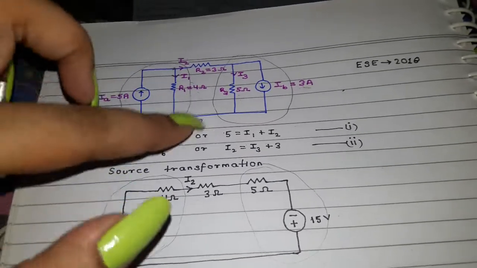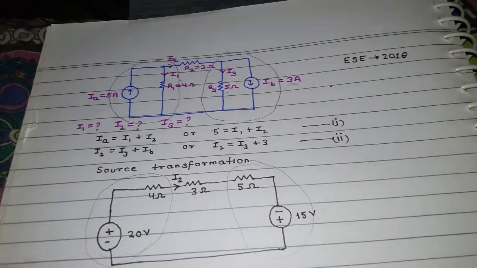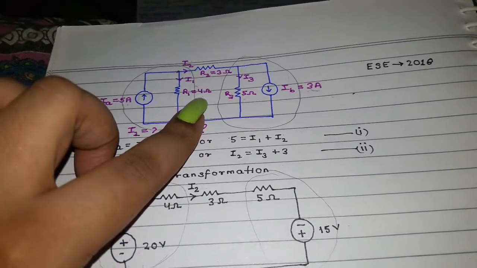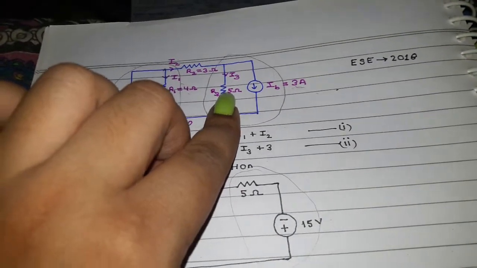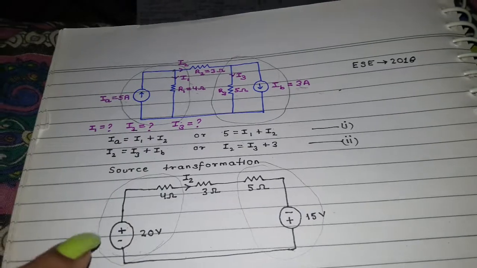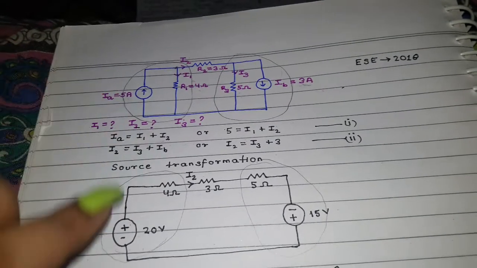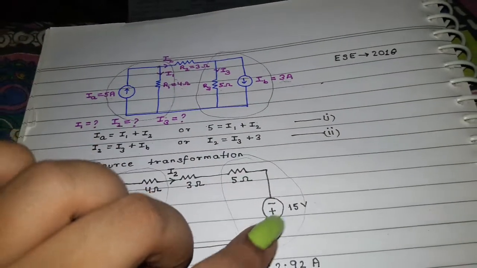On converting this part, you get this and this. We have applied basic Ohm's law: I into R equals voltage, 5 into 4 is 20, and 5 into 3 is 15. And wherever the arrowhead is, there will be the plus terminal. Here the arrowhead is up, so the plus terminal is up, and here the arrowhead is down, so the plus terminal is down.